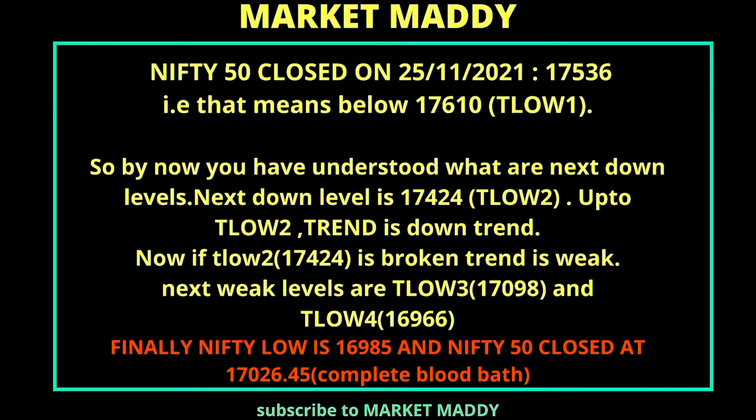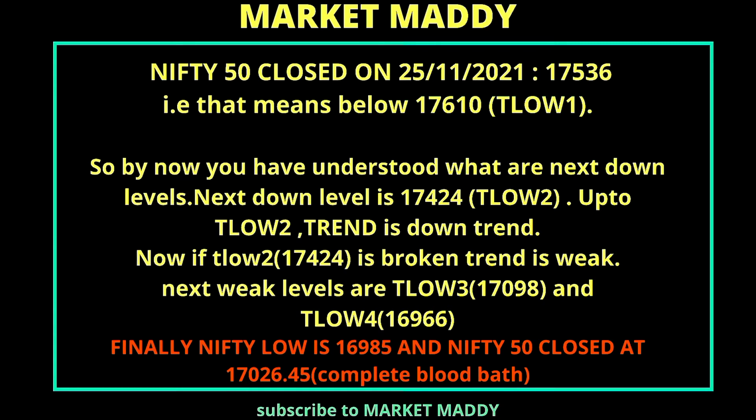Then again it came back to 17,424 and closed the day before yesterday at 17,530. That is between T low 1 and T low 2, it closed. And yesterday morning, it broke. See, once we know that it is not moving towards TCR and it is struggling a bit below T low 1, it is indicating that it is a downtrend.